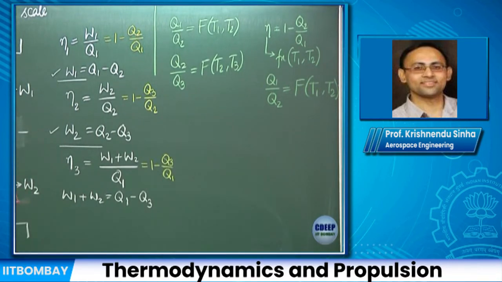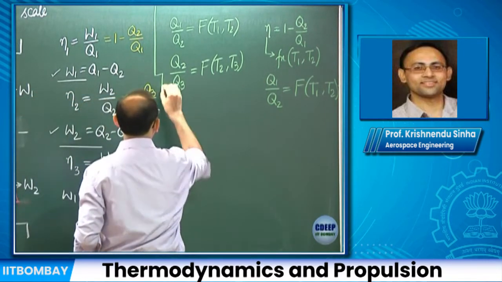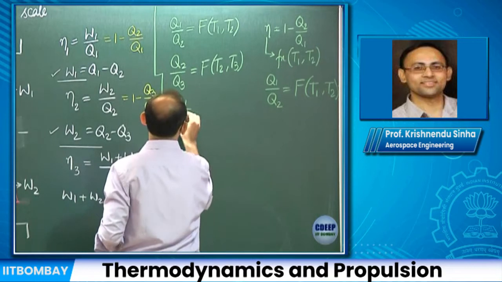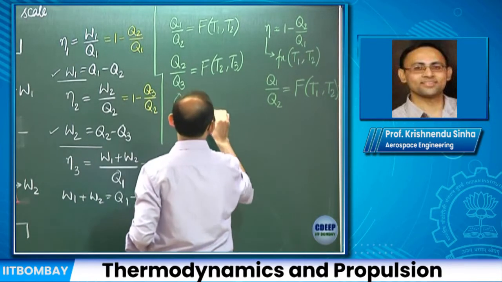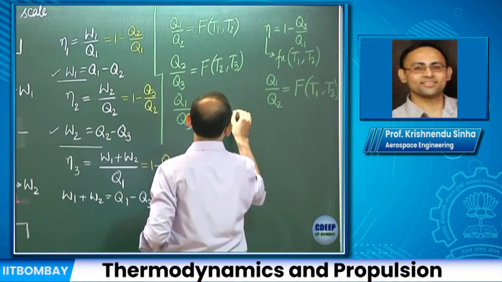Again, it does not depend on what kind of engine we put in. As long as it's reversible and it's a Carnot engine, that relation is bound to be valid. And the third time we apply the same, Q1 over Q3 is a function of T1, T3.